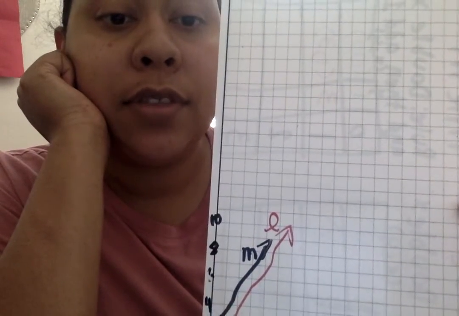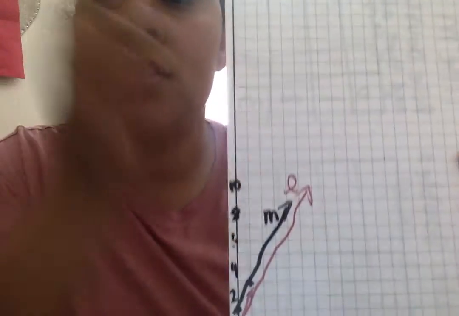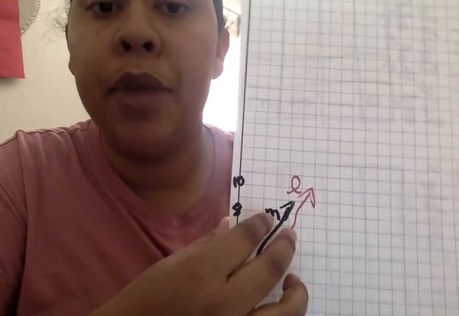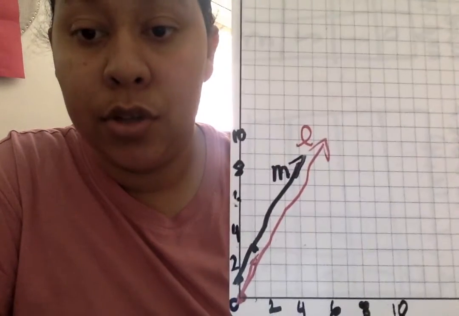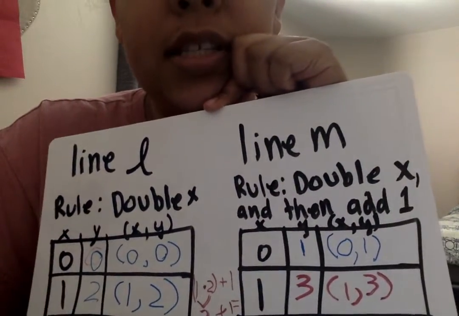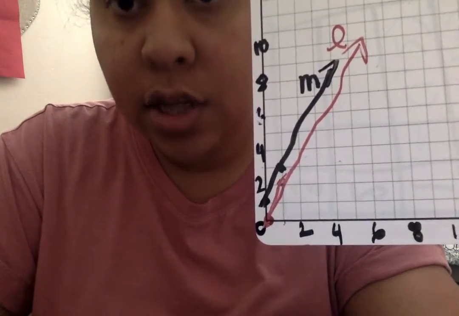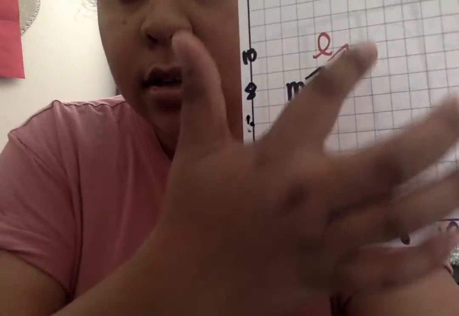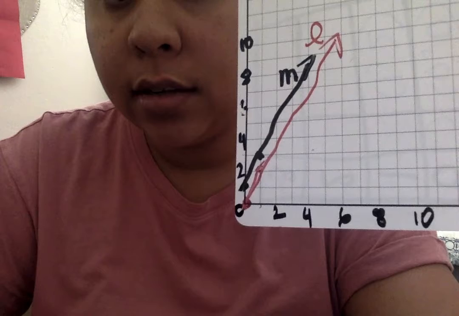So now for the rule given in C, where it's double X, just like these two, but then subtract 1. So the y-coordinates will look a little bit differently. So predicting line, whatever you want to call it, draw a line where you think it would go, what you think it would look like.